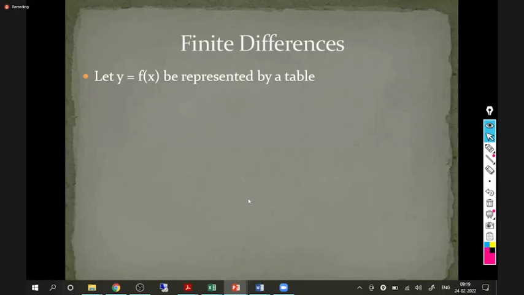So first we'll see why these finite differences are required. The purpose of finite differences is, first of all, our function y equal to f(x) is not given explicitly. It is given in a table form.